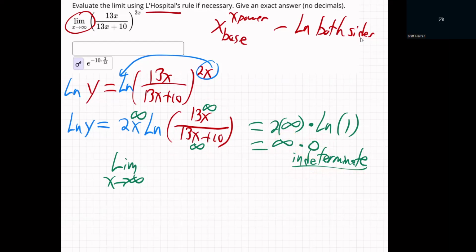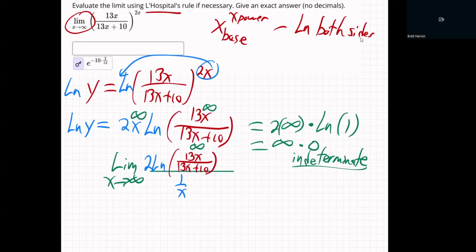So what do you got to do? Well, you got to basically make it a fraction, and then you've got to put that natural log on the top, 13x over 13x plus 10, and on the bottom, I'm going to leave the 2 on the top, you got to put 1 over x.